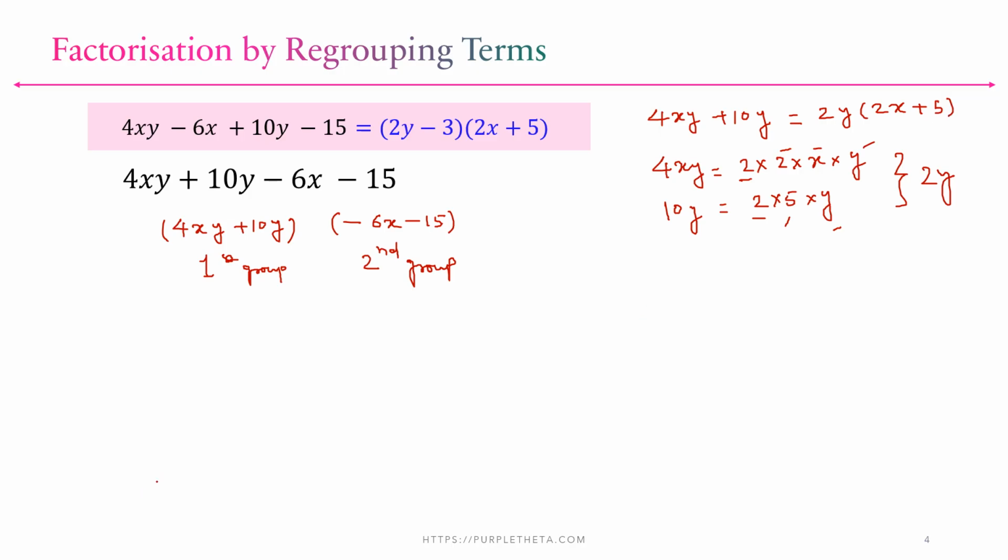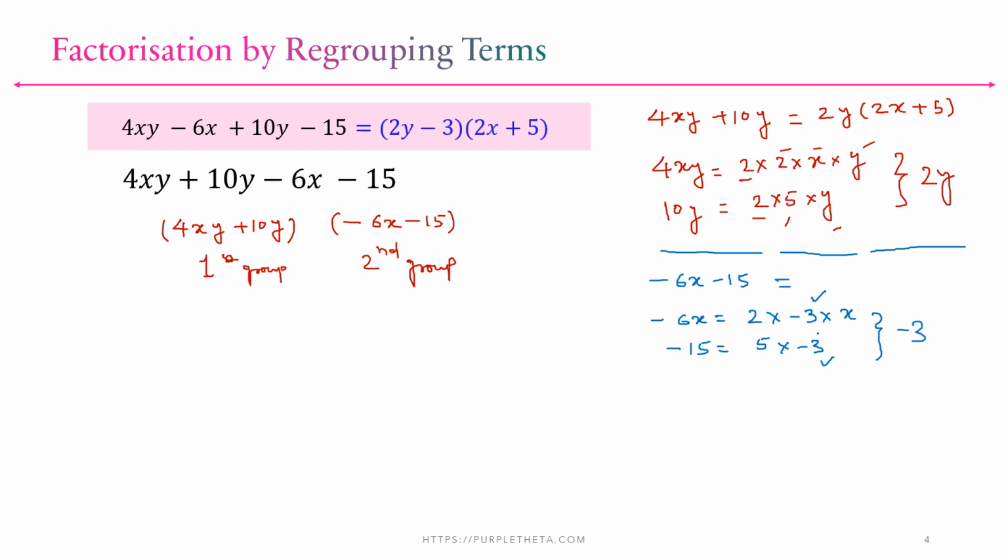Now let us solve the second group. Minus 6x minus 15 is our second group. Minus 6x can be written as 2 multiplied by minus 3 multiplied by x, and minus 15 is written as 5 multiplied by minus 3. So in both the terms we have minus 3 common. I will take out minus 3.